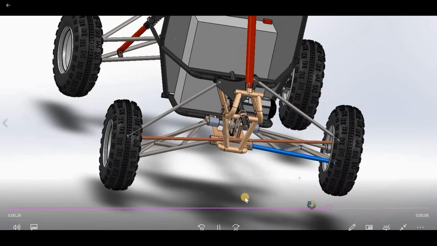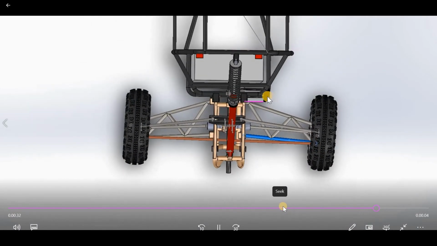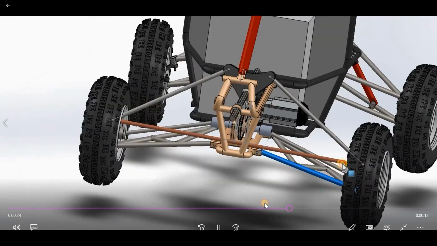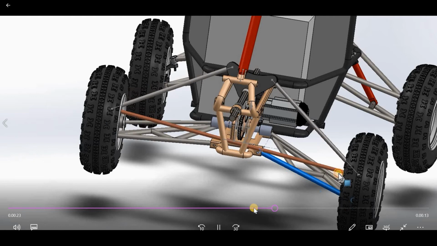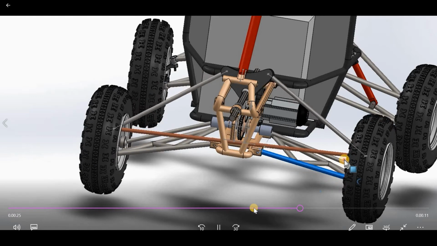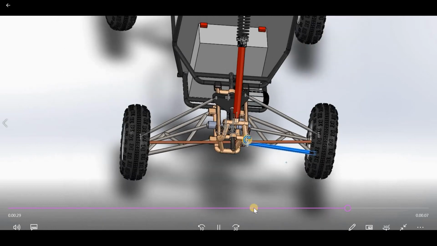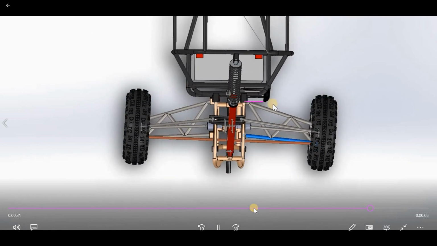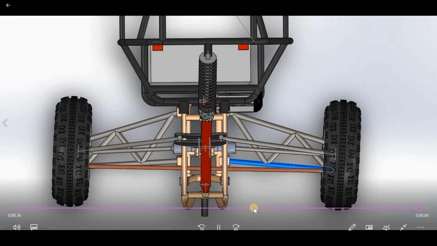So can you see a little bit of toe generation, that is steering of the rear wheels? Yes, sir, see this. When the right tire is lifted up, the right tire turns a bit towards the right side.